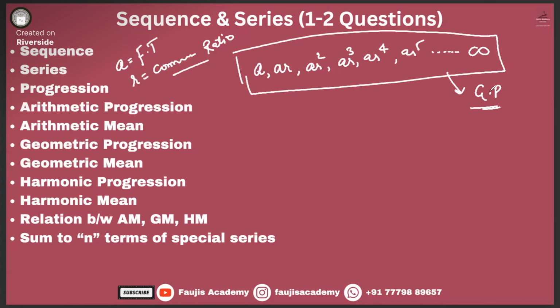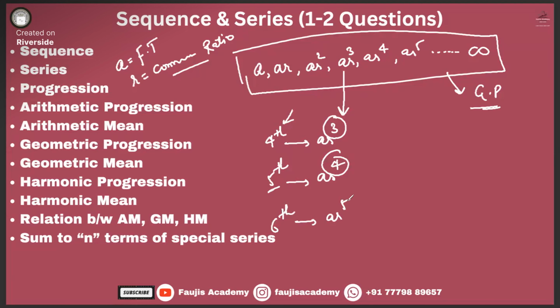Now, if I ask you what is the fourth term, you will say AR cube. Did you observe that this 3 is 1 less than 4? If I ask you the fifth term, you will say AR to the power 4. Did you observe that this 4 is 1 less than 5? If I ask the sixth term, AR to the power 5. This 5 is 1 less than 6.